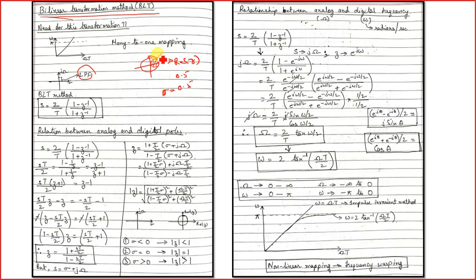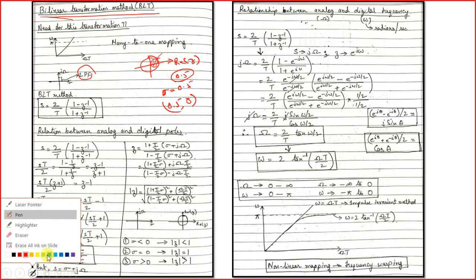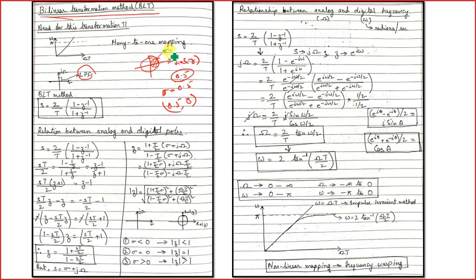So the coordinates of this inner circle center are (0.5, 0), and the radius of this inner circle is 0.5.